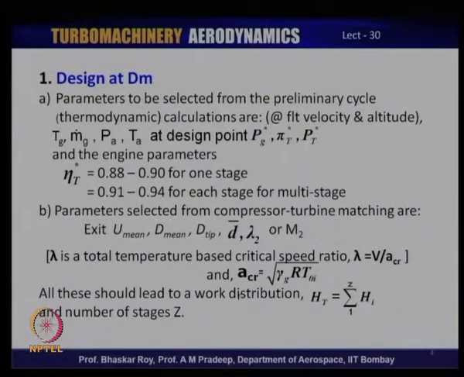where A critical is a total temperature based critical speed similar to sonic speed, but based on total temperature, and as a result it is often useful to gas turbine designers, because you do not have to convert all the time from total temperature to static temperature, because sonic speed is based on static temperature as per the basic definition of sonic speed.